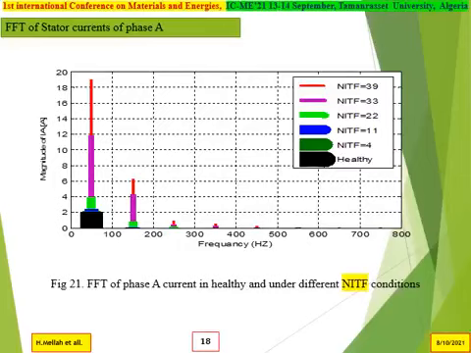But if the number of interturn short circuits is greater, the magnitude of the current is greater, and we see different harmonics, like represented in this figure. We can see the peak and the harmonics.